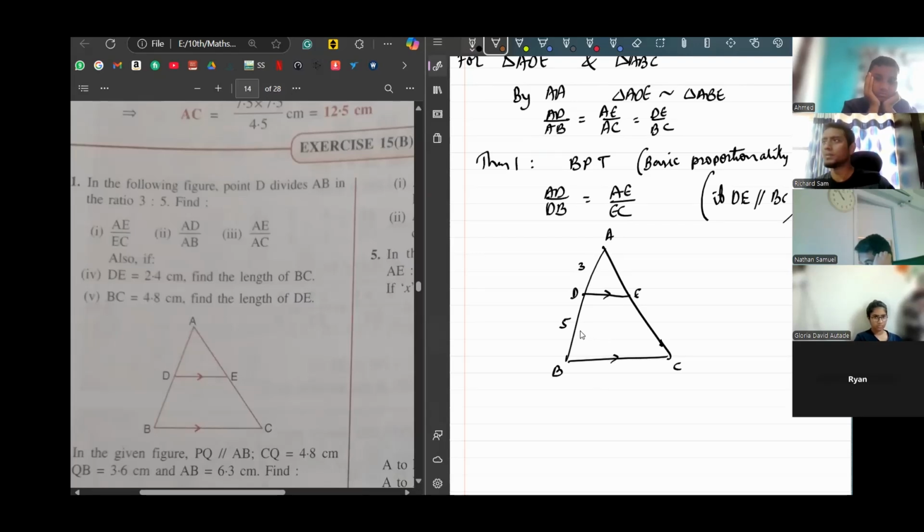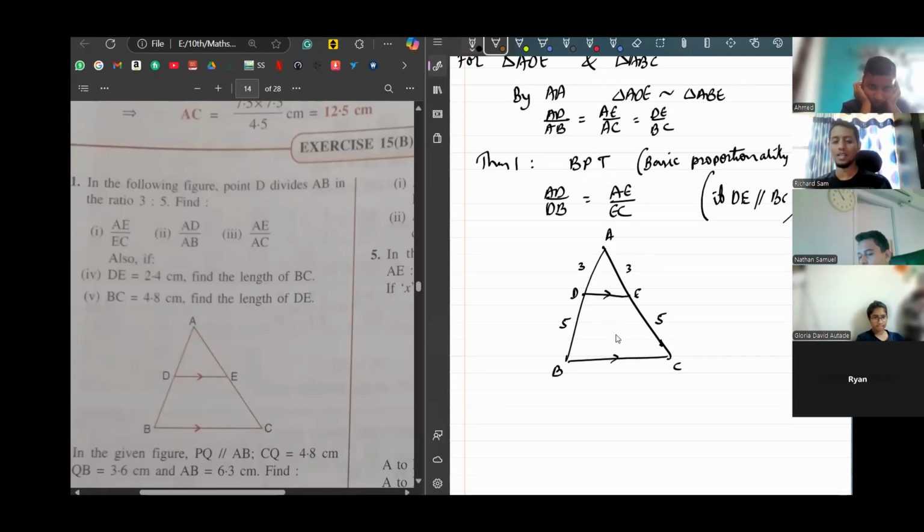Now, there's another theorem. I think it's not in 10th standard, it's in a smaller class. I'm not sure where it is, but this is the theorem. If D divides the line AB in the ratio 3:5 and DE is parallel to BC, then AE to EC also will be 3:5. That means actually it's the same theorem, BPT only, in another way.